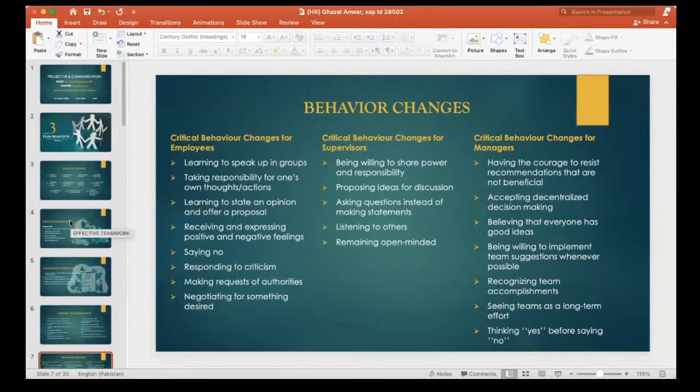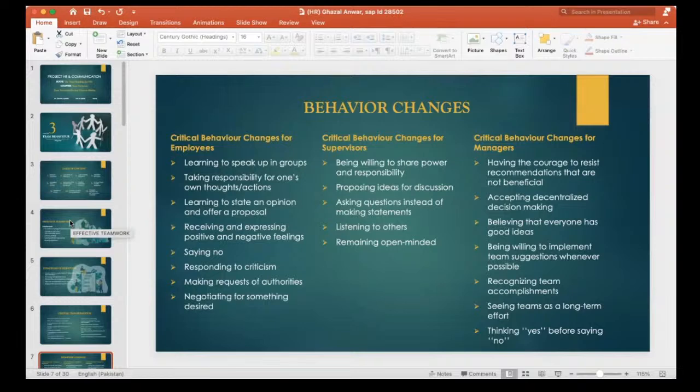He should not stammer, he should not be quiet, he should participate. Taking responsibility for one's own thoughts and actions. Suppose something bad happened, he should not move backward. He should be responsible for his action. If something bad happened due to his action, he should take responsibility.